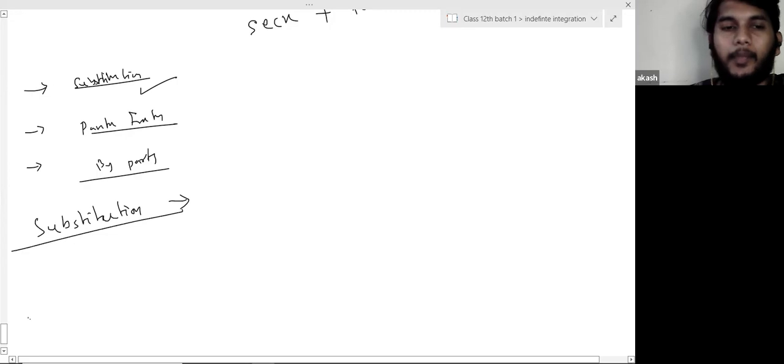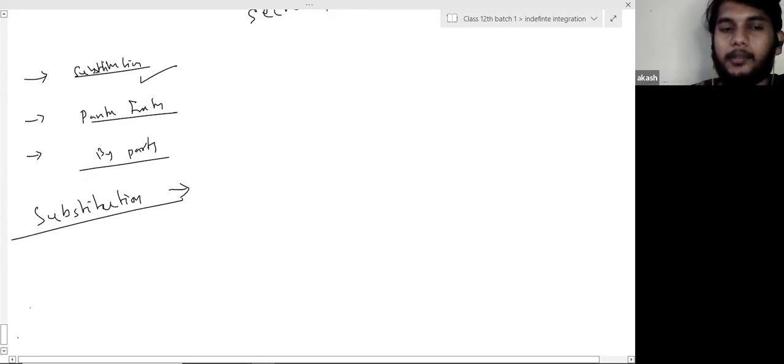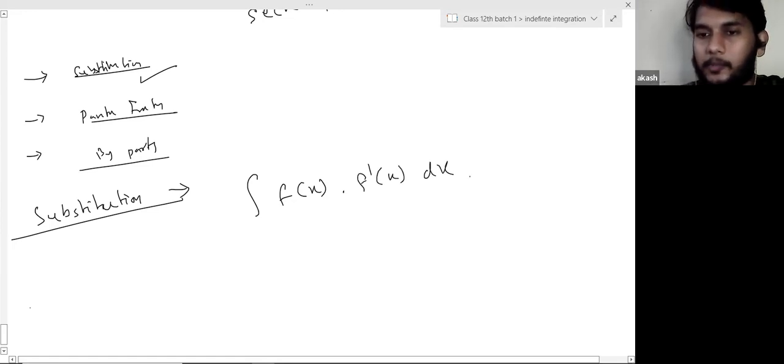All right. How to see things, what to substitute. Always look for this: f of x, f dash x, and dx. What this means is, if a function and its differentiation are multiplied with dx, we'll always see questions based on this.